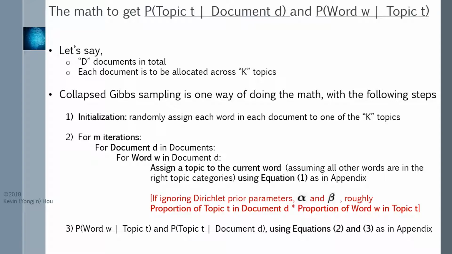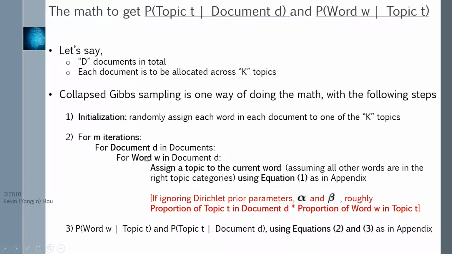In the end, if the outcome becomes stable, we will not see a lot of changes to the topic assignments of the individual words, because it converges to the optimal answer, the right answer. Then we stop there. So basically, we need to make enough iterations. And here is what we do.